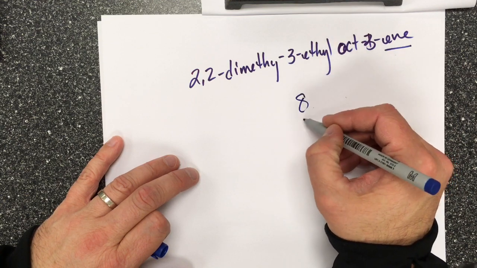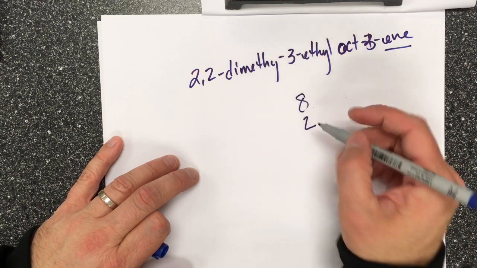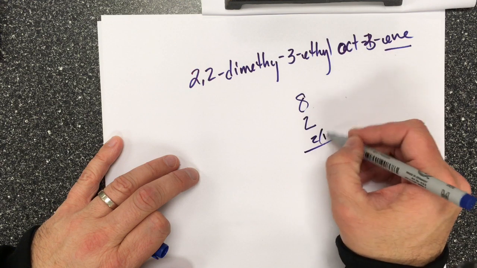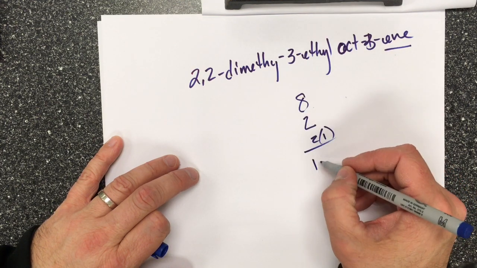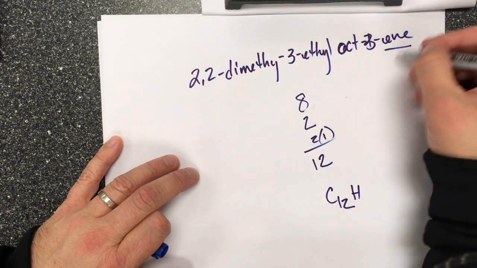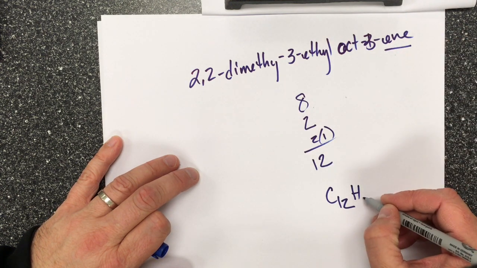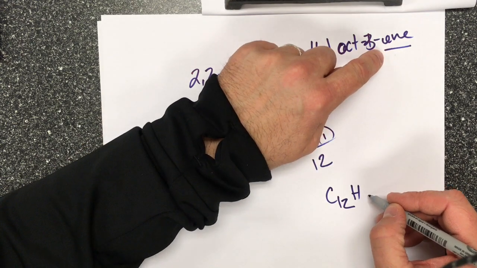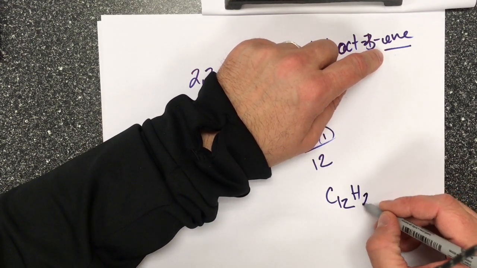It has 1 ethyl, so that's 2 more carbons. It has 2 methyls, so that's 2 times 1. So my total is 12 carbons. So it's C12. If it was an alkane, it'd be H24 plus 2, which would be 26. But because it has the extra carbon-to-carbon bond, it's going to be 24.